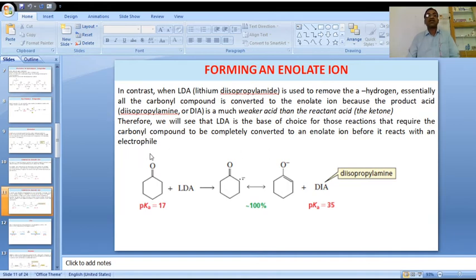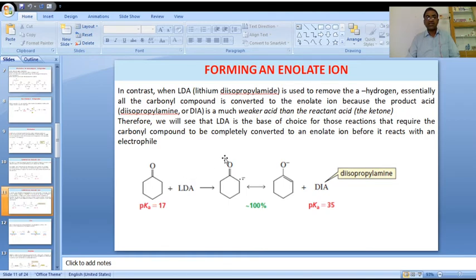In contrast, here we are using the LDA base, lithium diisopropyl amide. Lithium diisopropyl amide is used to remove the alpha hydrogen.